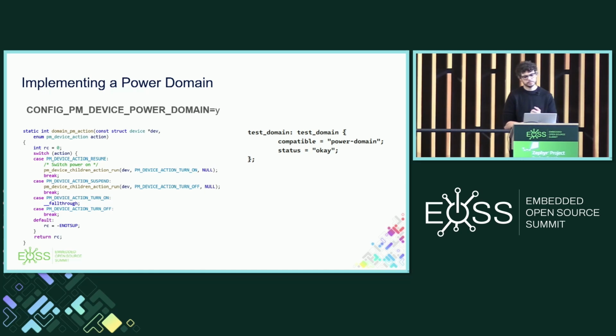The other thing that power domains need to do is to notify all the devices that are under them. There is a functional helper to do this, so you iterate over the children devices and you call the action callback for these children.